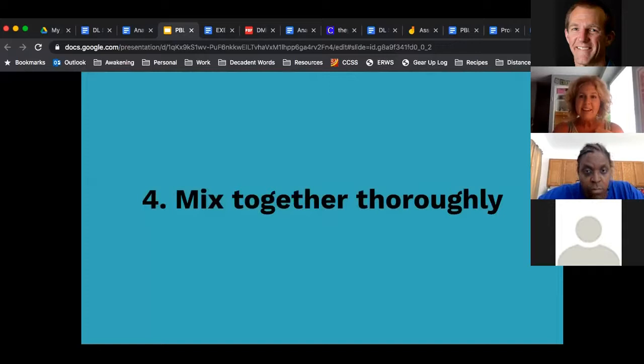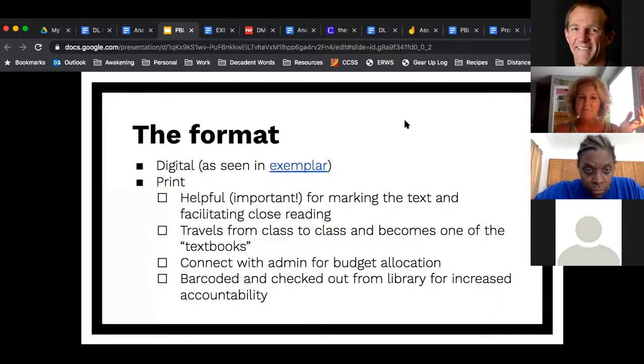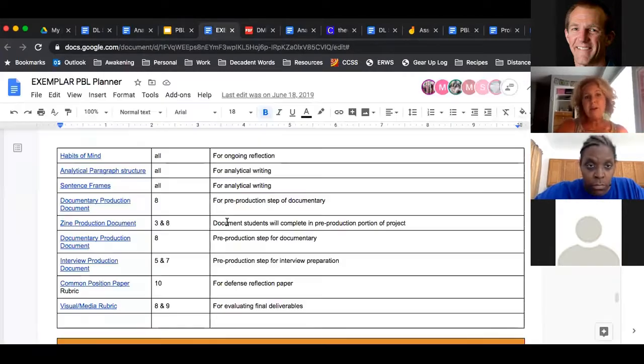And then, what do we do with it? I wanted to talk a little bit about the format. As I just showed you in the exemplar, you could have a Google Drive folder where all of your compendium pieces are housed, and students know how to get there and have access to it all the time.